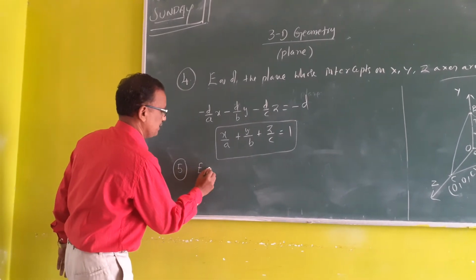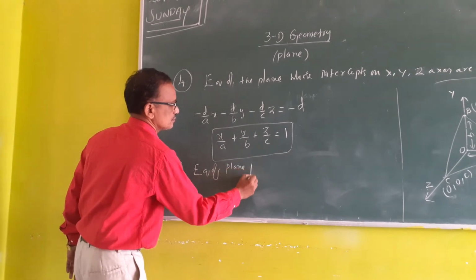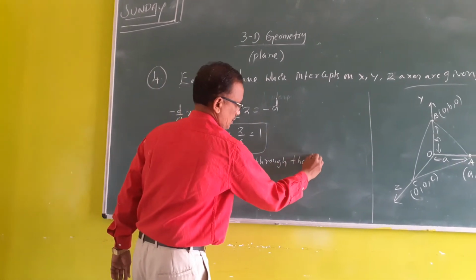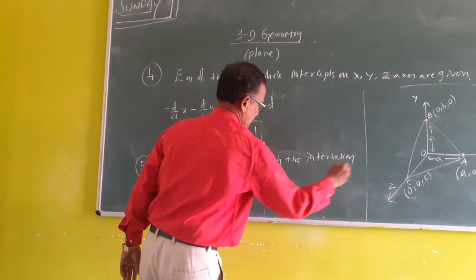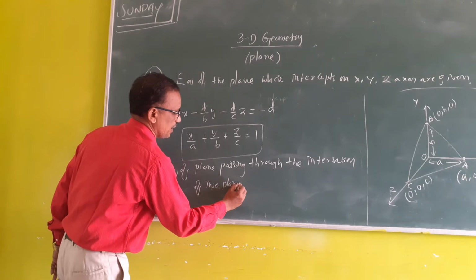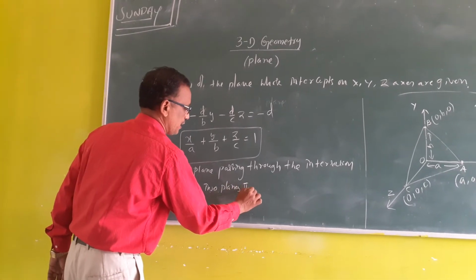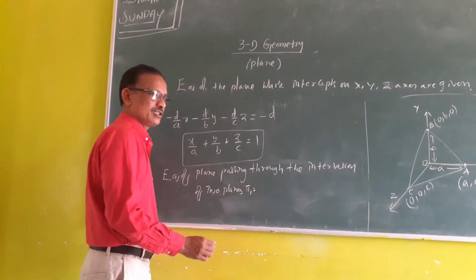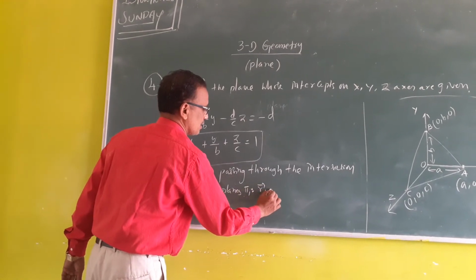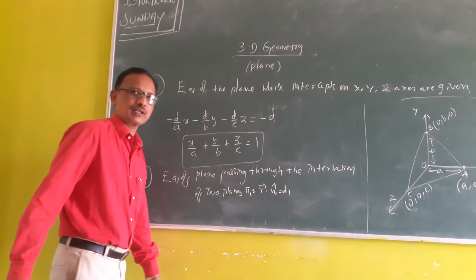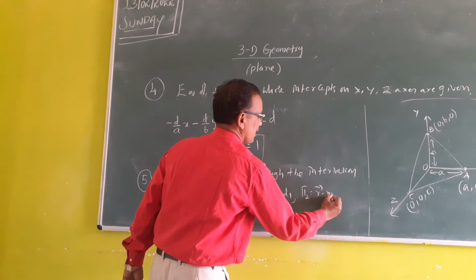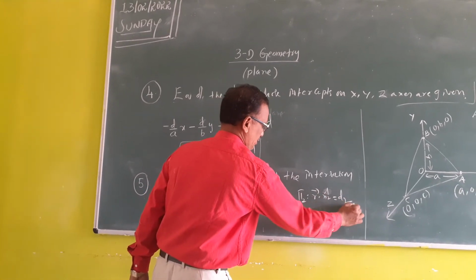Denote the first plane by pi 1, with equation r bar dot n1 cap equal to d1, and the second plane by pi 2, with equation r bar dot n2 cap equal to d2.